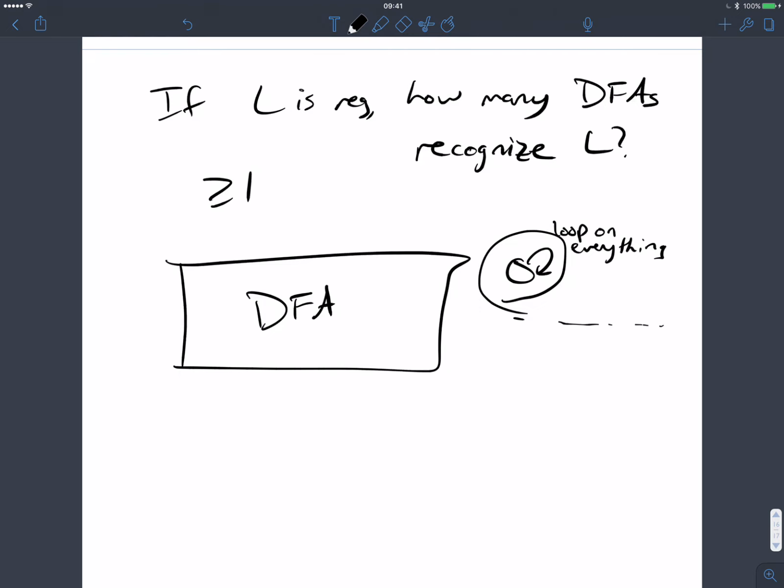No. As long as every state has a transition on every possible symbol, we're all good, and those satisfy the definition. So since I can do this as many times as I like, there are infinitely many DFAs. So if there are non-regular languages, there's either 0 DFAs for it or infinite. There's no in between, which is pretty cool.